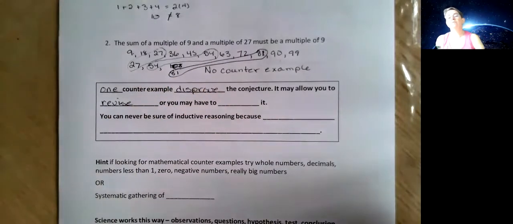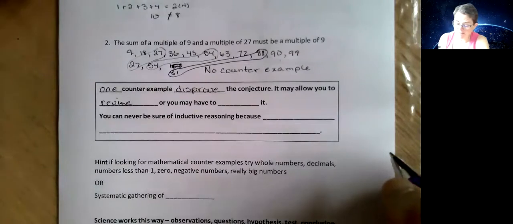You might be able to make a bit of a change. You might have something where you said all your answers are even, and you might be able to up it and say, well, no, all the answers are actually divisible by 4. So you might be able to revise it somehow, or you may have to discard it.